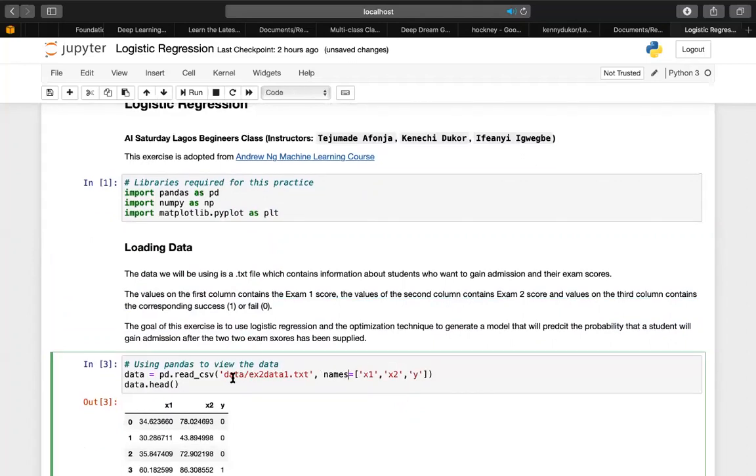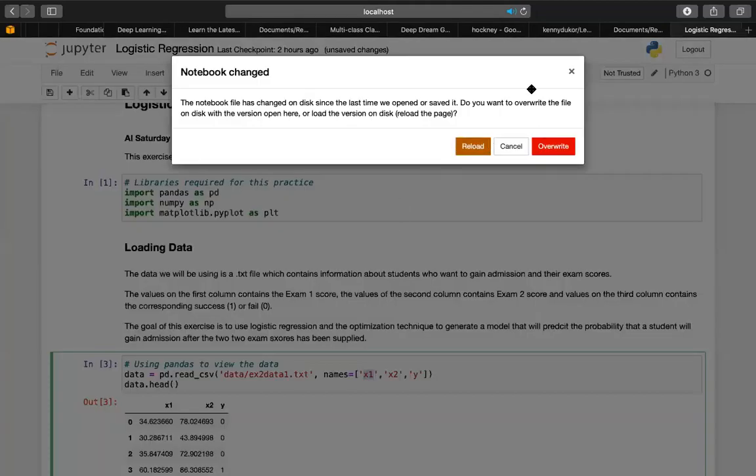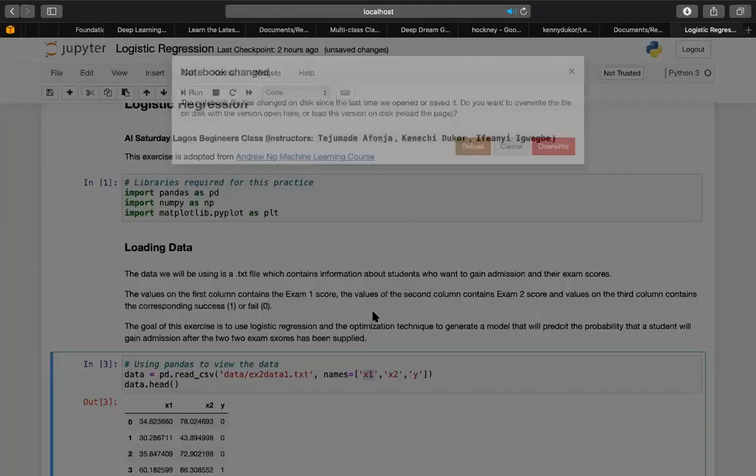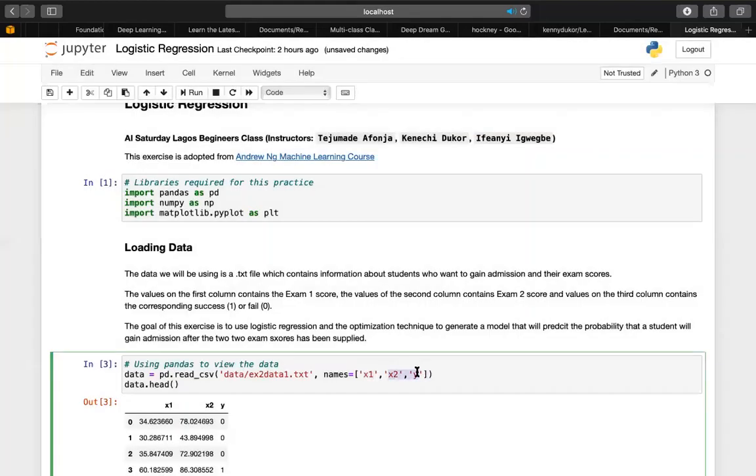Our data is in this folder, data/x2data1.txt, and we have to define the columns because of the way the data set is. The first column we named x1, the second is x2, and the third is y.